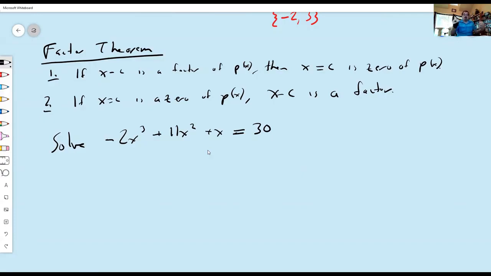So what x values make the left side equal to 30 and the right side equal to 30? Now, at this moment, a lot of times we look at this and say, well, we're going to factor this. And to factor it, you've got to get it set to 0, so we set it equal to 0.